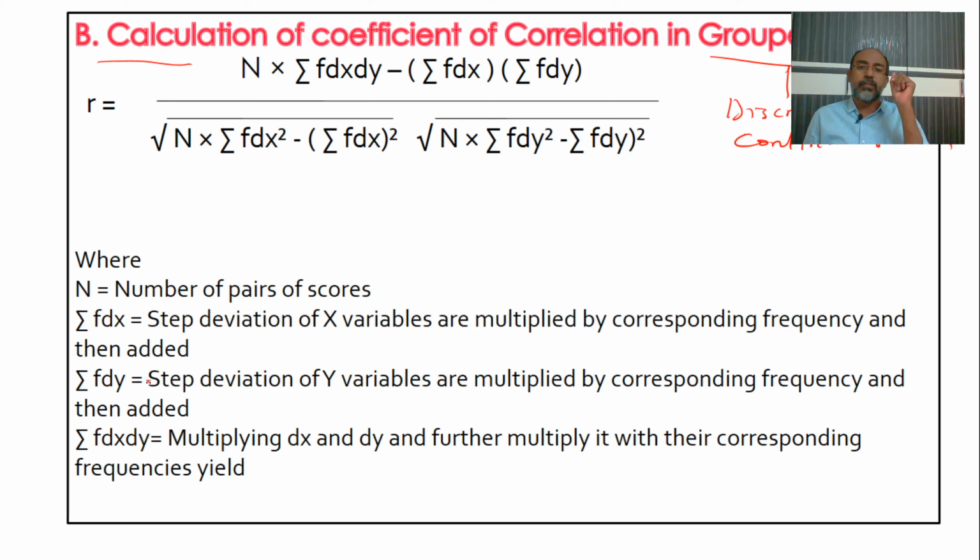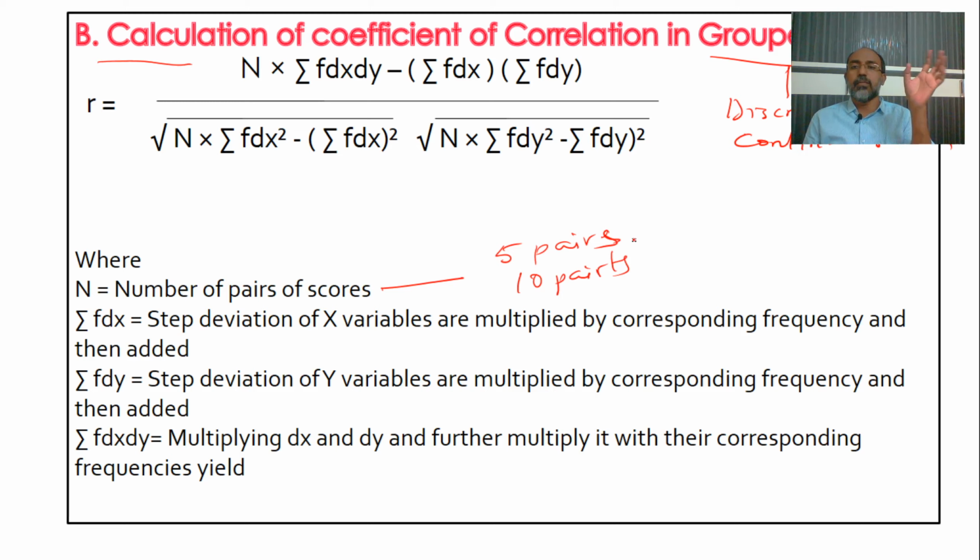So it is expressed in the data. N means number of pairs. So you must understand that the data must be, suppose, 5 pairs, 10 pairs. So data sets must be expressed in pairs only. Irregular pairs are not allowed.